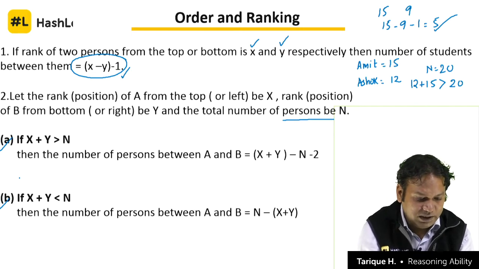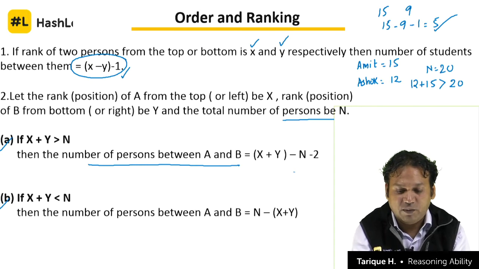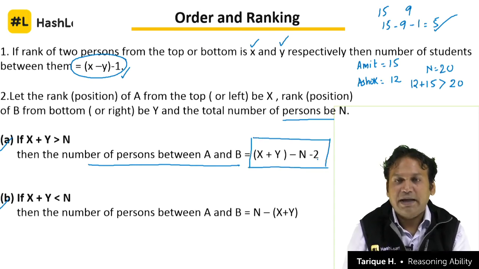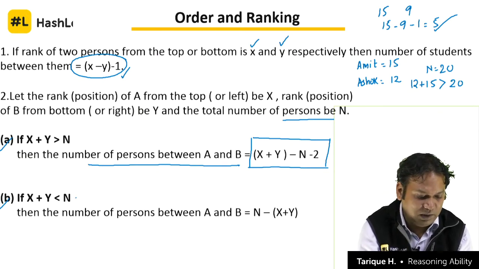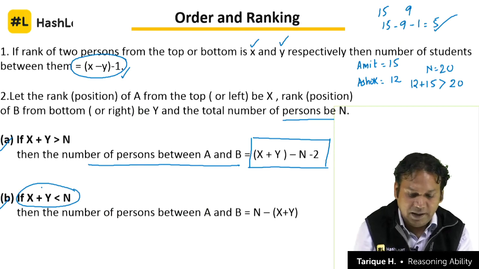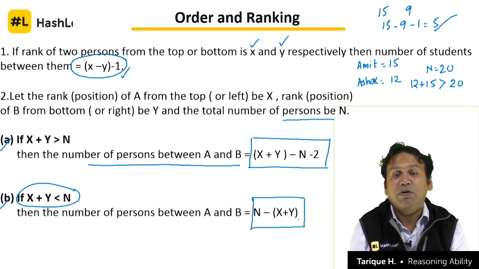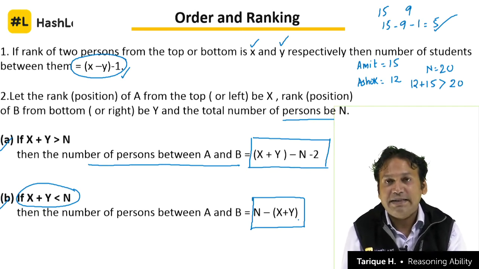In the first possibility, the number of persons between A and B can be calculated directly using the formula x plus y minus n minus 2, and in the second case, when x plus y is less than n, the number of students between A and B can be calculated directly using the formula n minus x plus y.